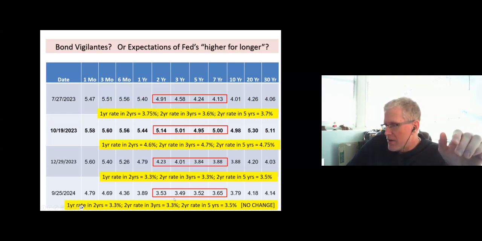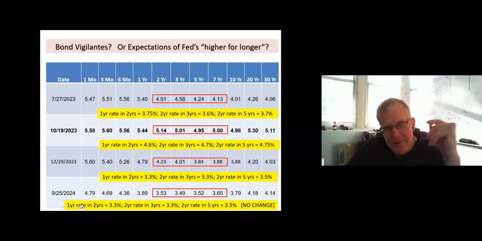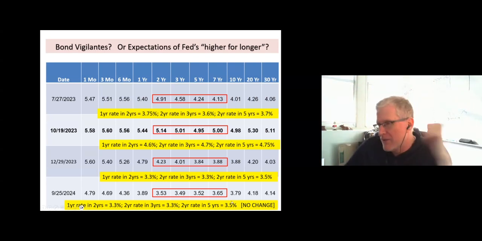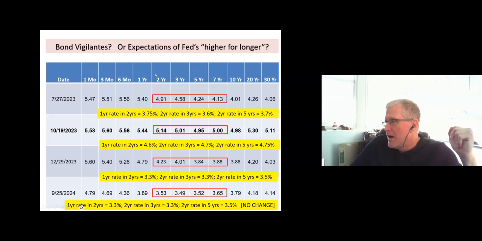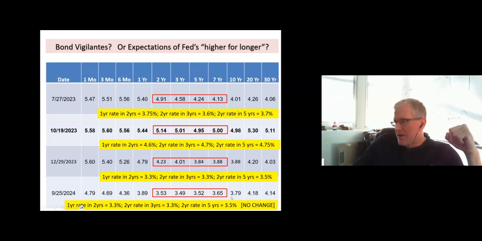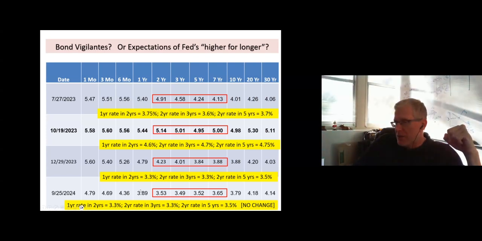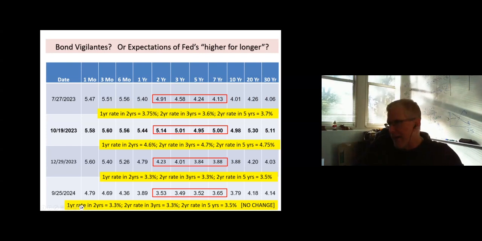A 2 year rate in 3 years, they had at 3.3 in both cases. Ish, because the K in this formula isn't exact. I have to guess what that is, but it's going to be small enough at those intermediate interest rates that I can guess. It's interesting that the market's views of the longer run did not change. It was just basically pricing in when the Fed was going to cut.